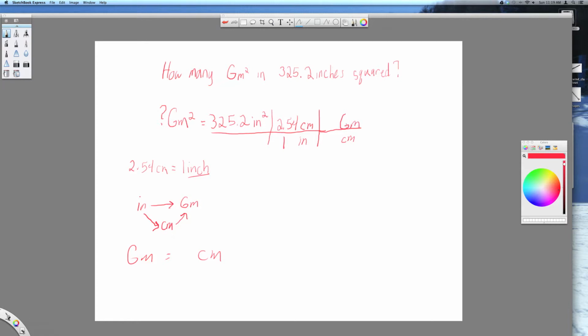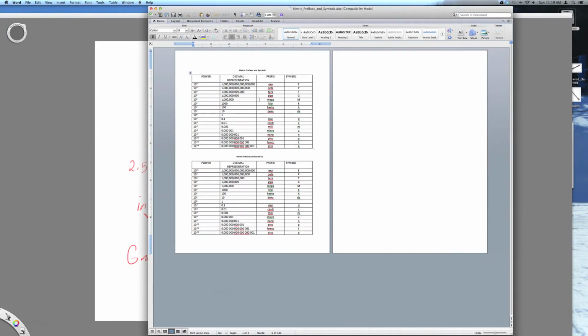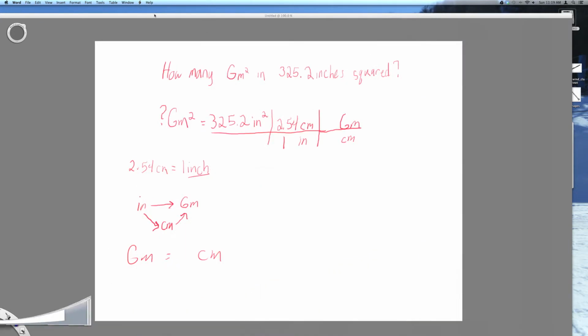And when we did just metric converting, we said which one is a bigger value. And if you look on your metric prefixes sheet, you see giga 10 to the 9th here, and you see centi 10 to the negative 2nd. So from 9 to negative 2, how far are we talking? That's 11.